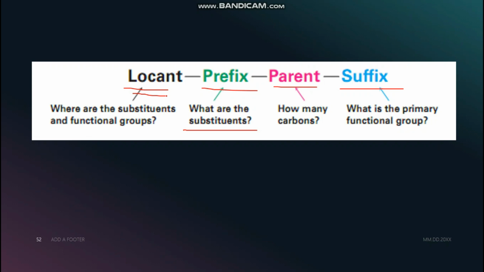Mostly the locants are the numbers, like 1,3 methyl, 1,4 dimethyl, and so on. And then the suffix identifies the primary functional group, if it's ethanol, an alcohol, an amide, an amine, and so on and so forth.